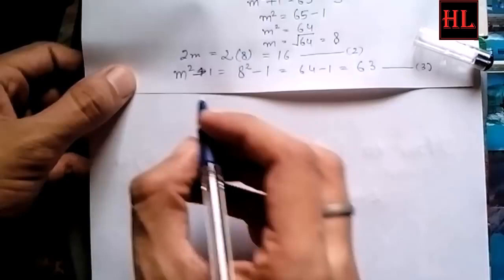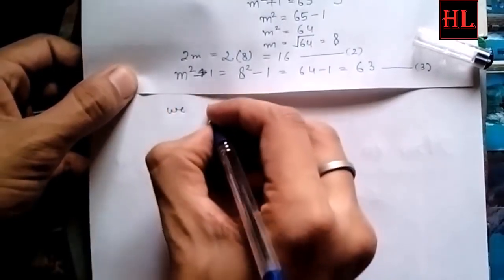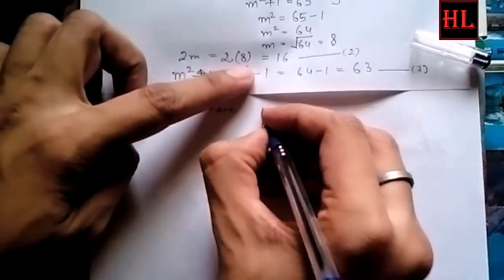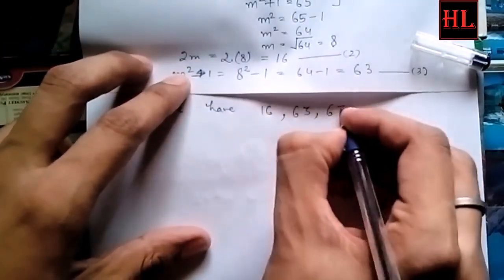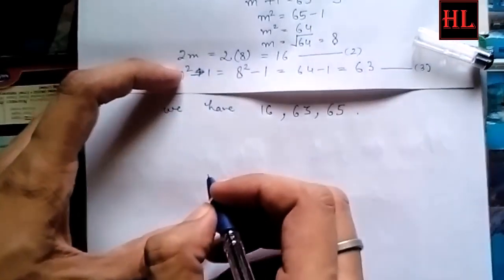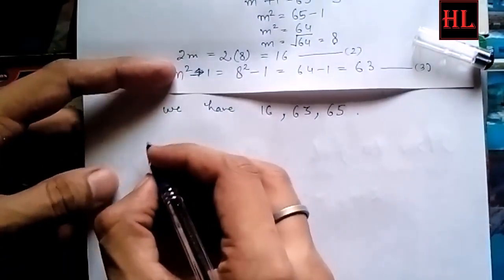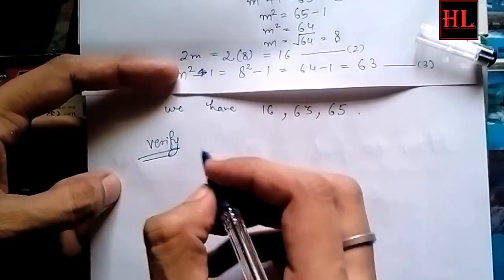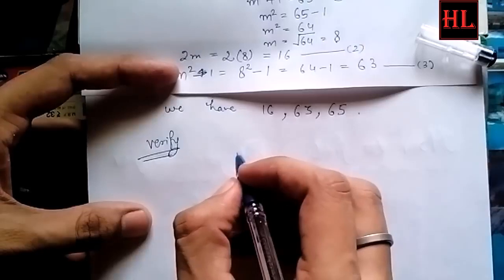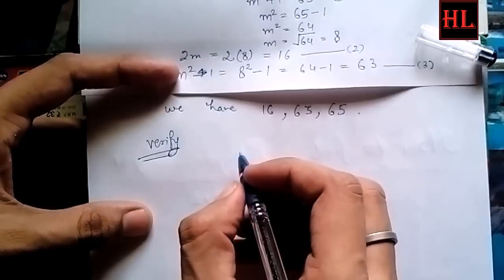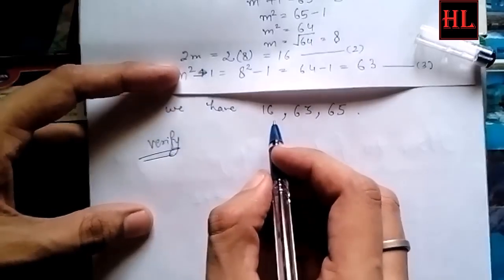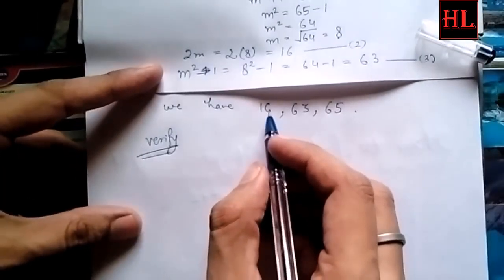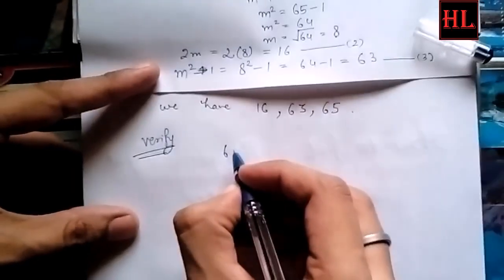So now we know that we have 16, 63 and 65 as a Pythagorean triplet. Again we'll verify it by applying the Pythagoras theorem. We will take the sum of the squares of the least two numbers and see if it is equal to the square of the largest number. The least numbers are 16 and 63.